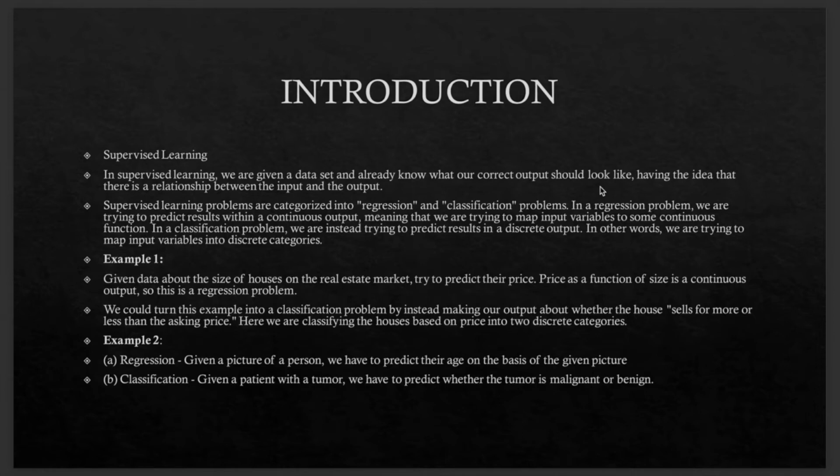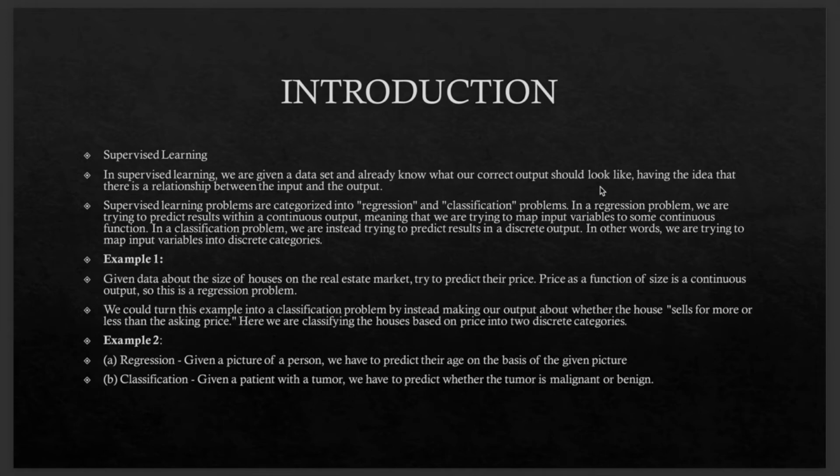So here's that correct output, with the idea that there is a relation between the input and the output. Here the input is a coffee mug and the output is a defective coffee mug with a small breakage or something defective in it.